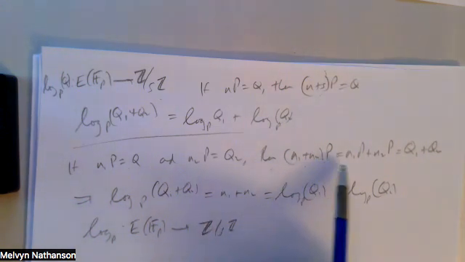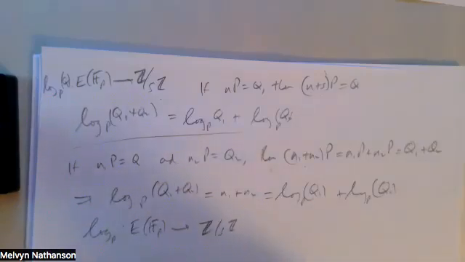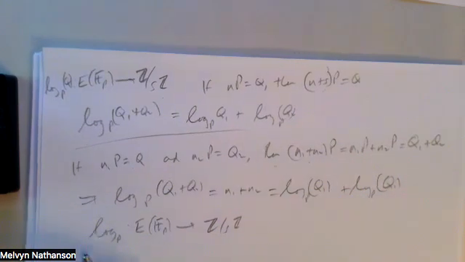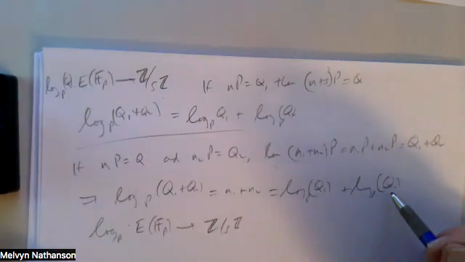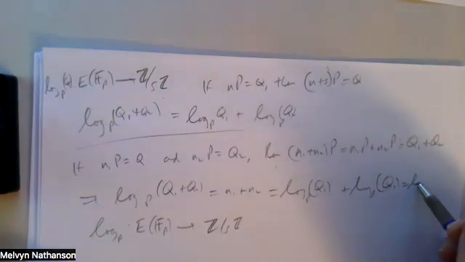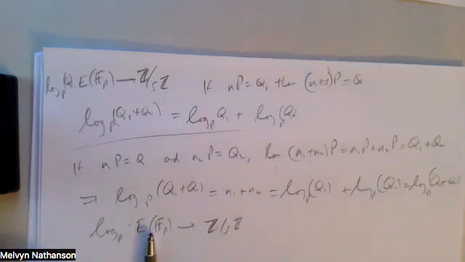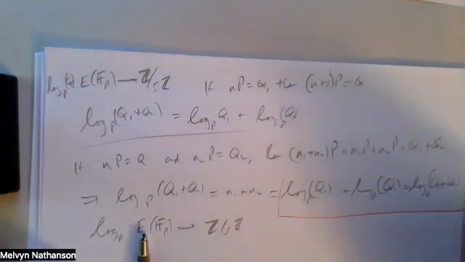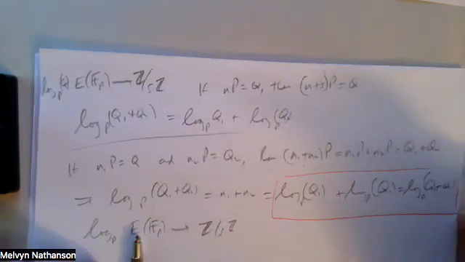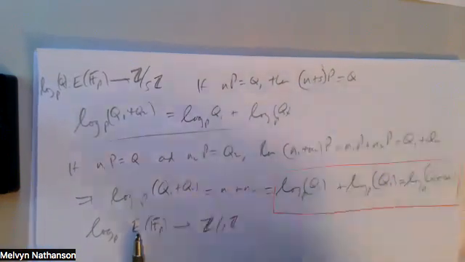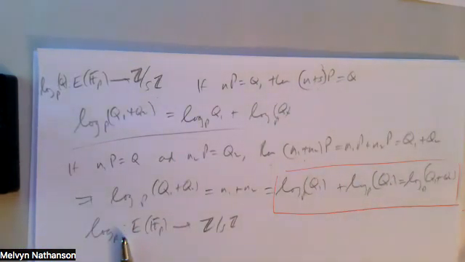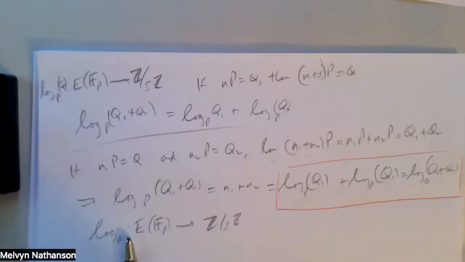The log of the sum is the sum of the logs. Log Q1 plus log Q2 is the log of Q1 plus Q2. So this is the very nice formula that we have for the logarithm.